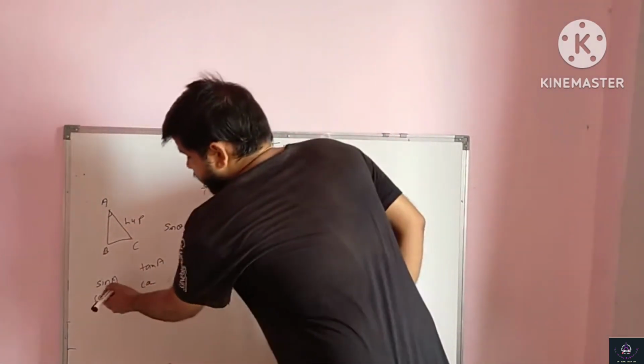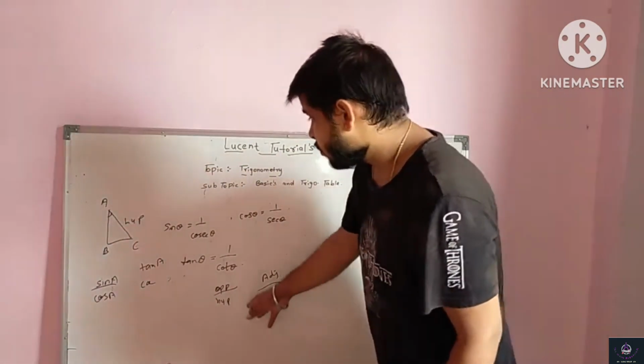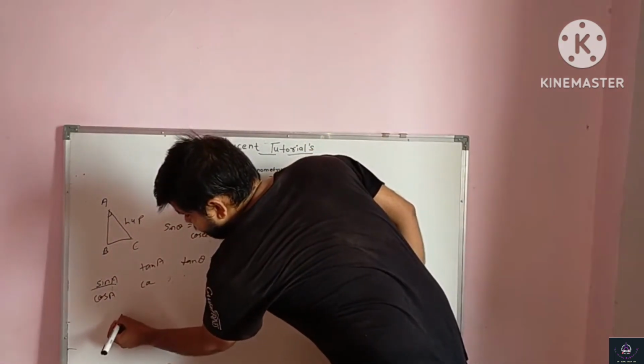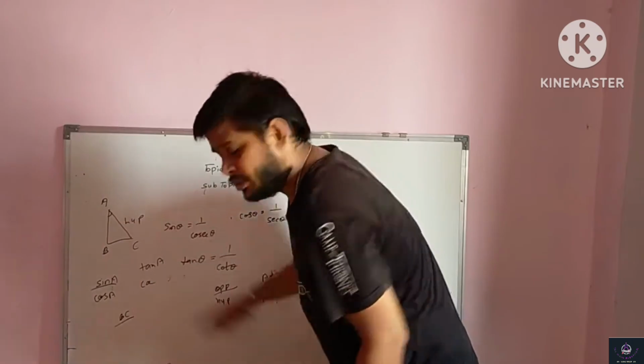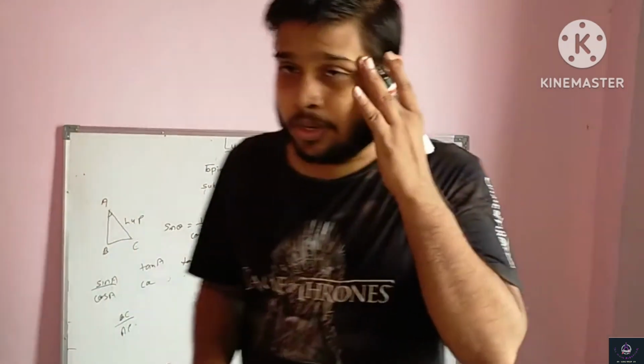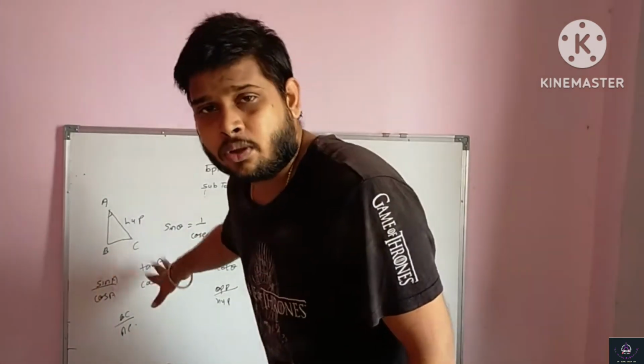Like, what is sin A? It's opposite upon hypotenuse. The opposite of A is BC, so we will write BC. Hypotenuse is fixed, so this is AC. Correct? Now I am going to introduce one very small formula due to which we can solve all this.